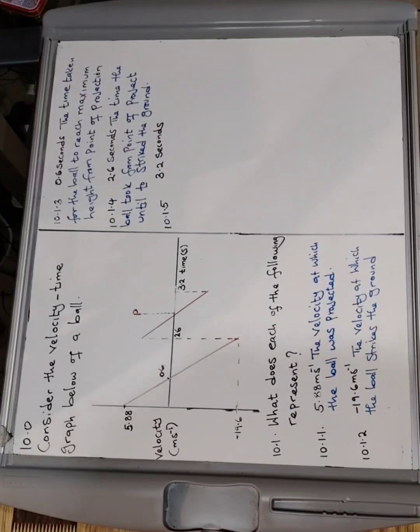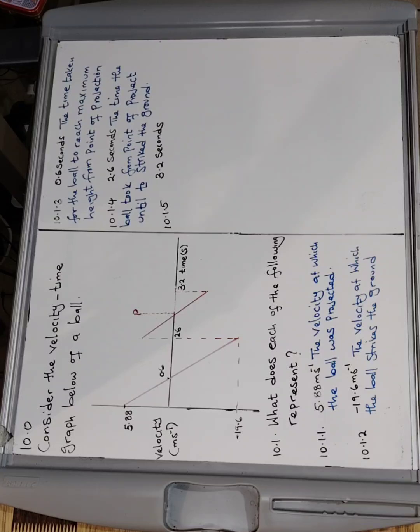Then 3.2 seconds, what does it represent? It represents the time taken for the ball to move from the point of projection until it strikes the ground, then bounces upwards, reaches maximum height, then comes down to the ground.